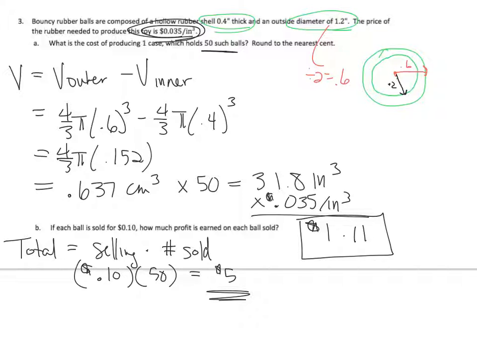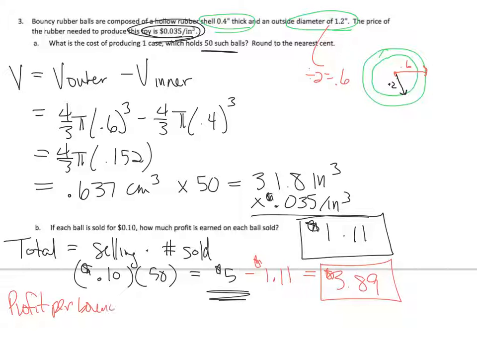But I need to subtract how much it cost me to produce the bouncy balls. So this is my actual take-home in my pocket profit for each case, right? If we did profit per unit, profit per bouncy ball, we would take how much we made, how much is in our pocket, and divide it by 50.